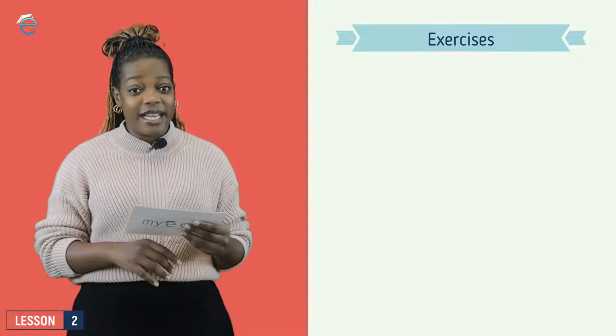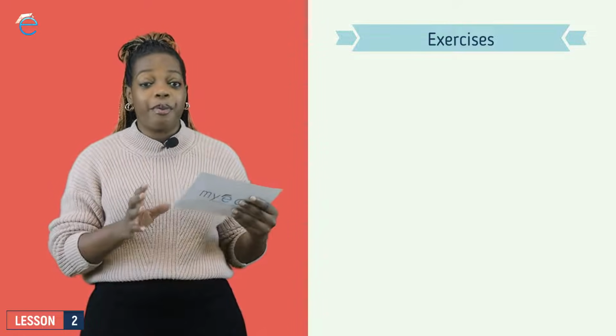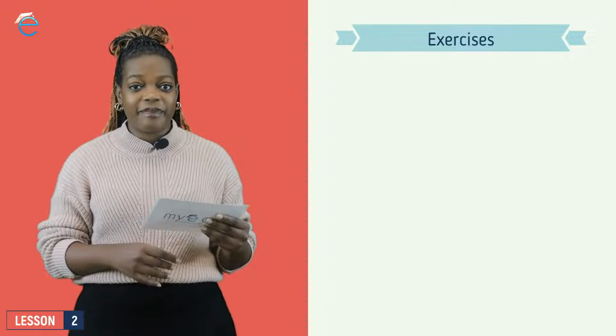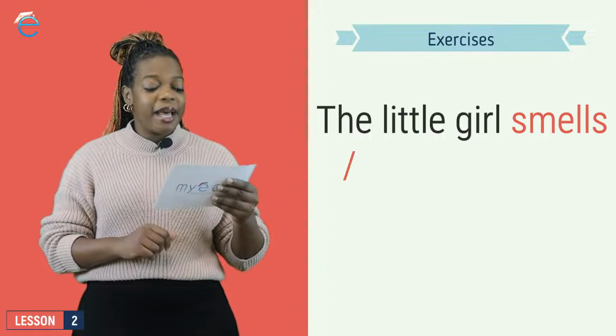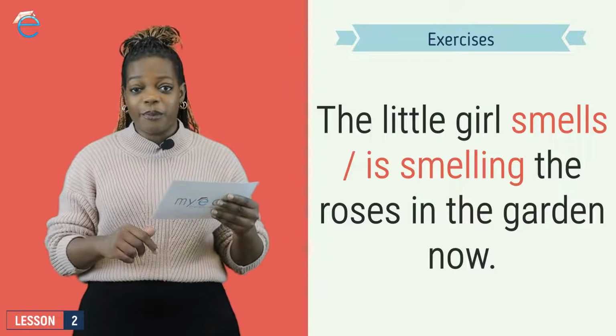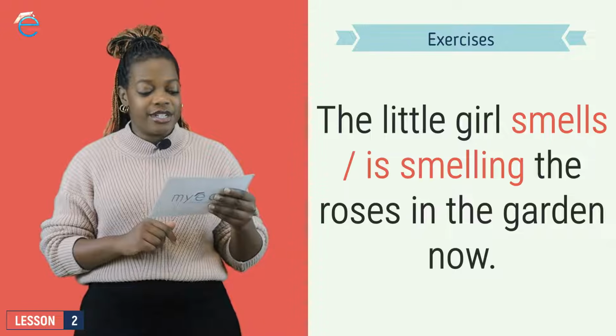So, we have some sentences here, and we have to choose the appropriate or the correct verb. Let's start with number 1. The little girl is smelling the roses in the garden now. Well, the now in that sentence helps us understand.